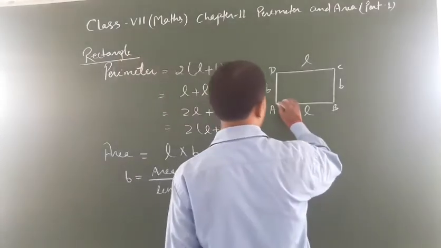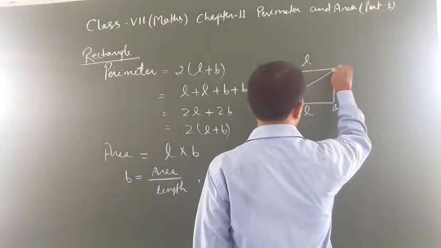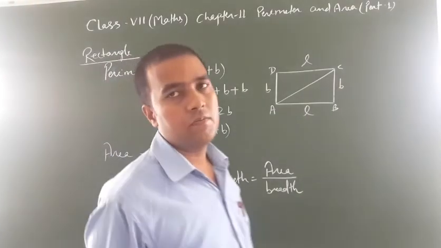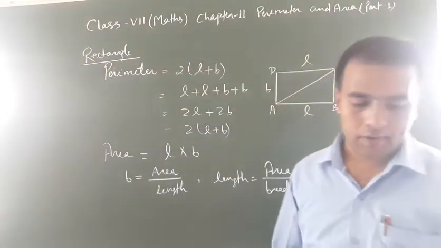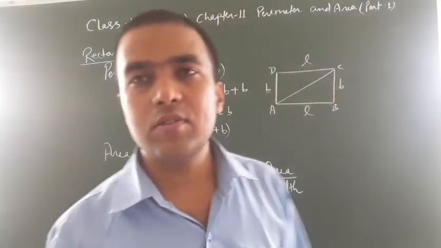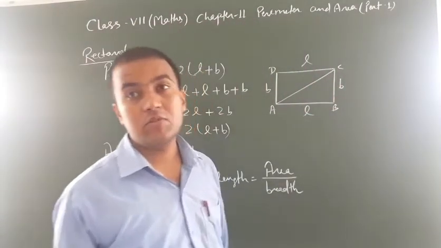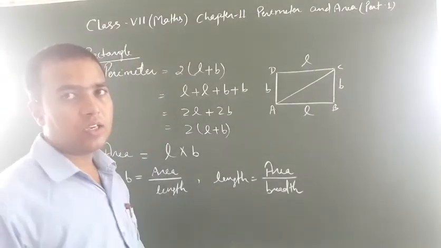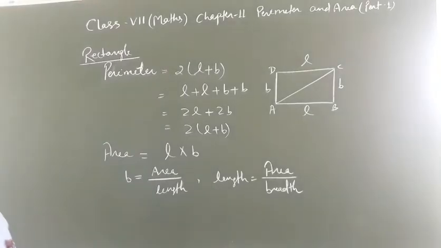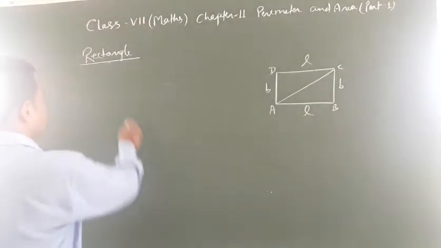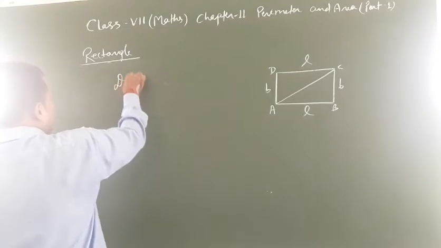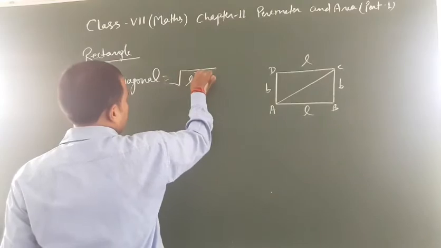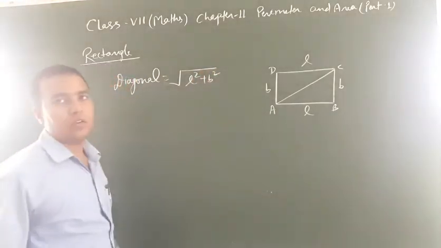Diagonal. AC is the diagonal. Clear? Suppose the length and breadth values are given and the diagonal value is asked. How can you find it? The formula is, note down: diagonal equal to under root L square plus B square.